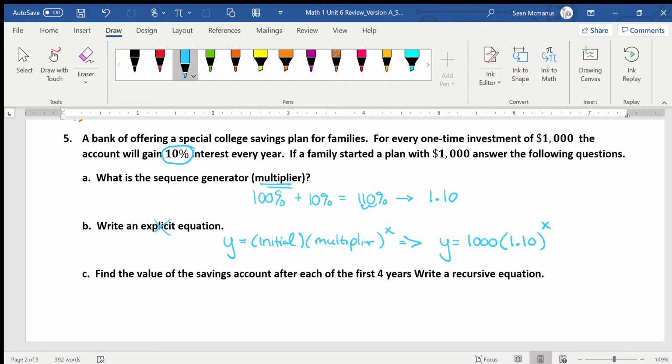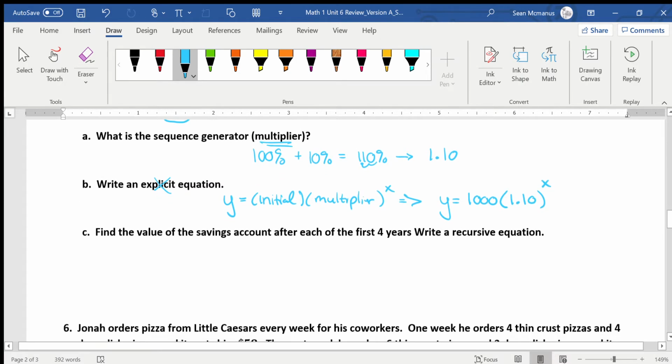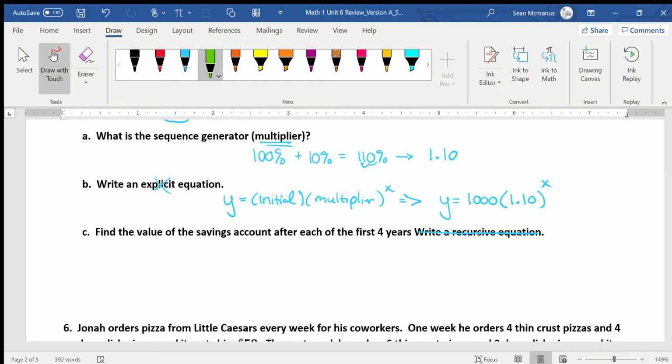Part C, find the value of the savings after each of the first 4 years. Write a recursive equation. So again, I'm not going to worry about the recursive equation too much. I want to make sure we understand how to actually put these in and solve them. So, pulling my calculator up on the side here because I know I'm going to need it. To solve this equation, we want to know how much is in there at 4 years.